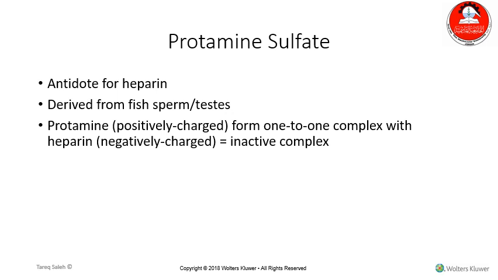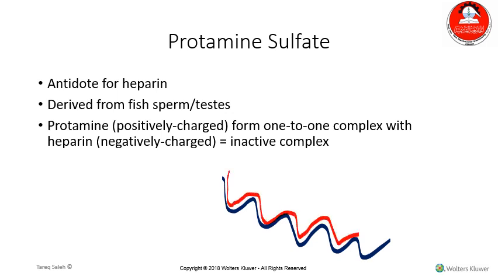As we mentioned before, protamine sulfate has a structure very similar to heparin, and thus it can form a 1-to-1 complexes with heparin. And this is heparin, and this is protamine sulfate.